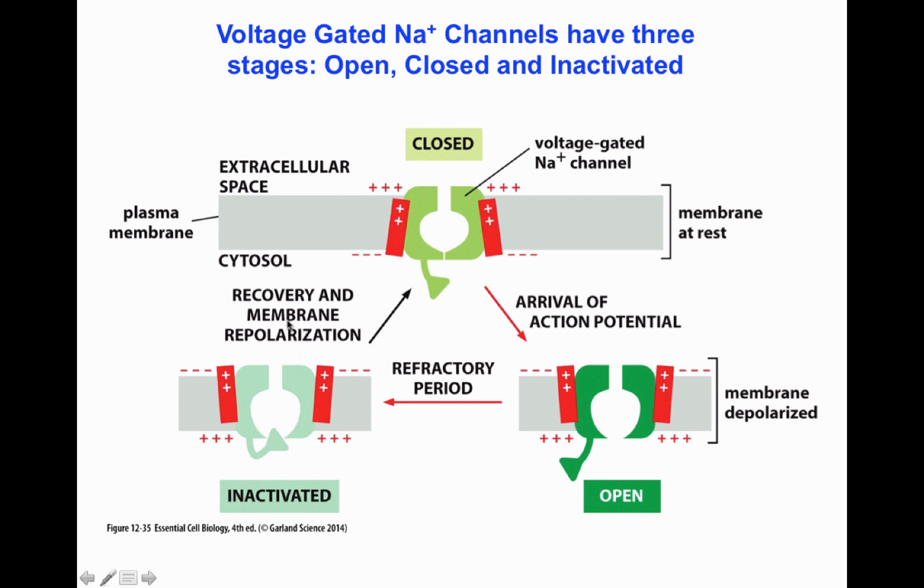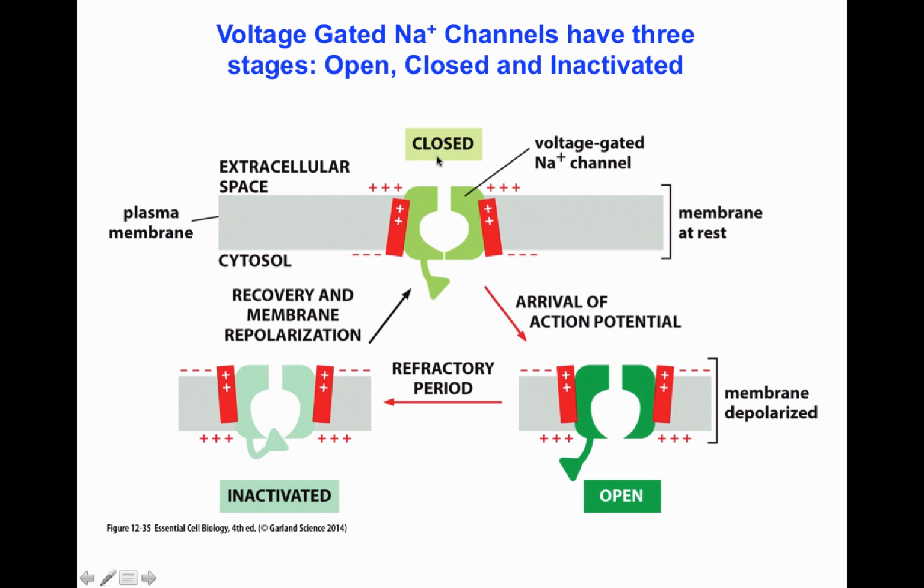Eventually, when the membrane becomes repolarized and the charges move to be more positive outside and more negative inside, the channel will reset and go back to the closed configuration.